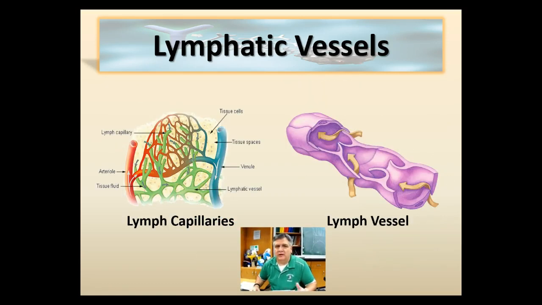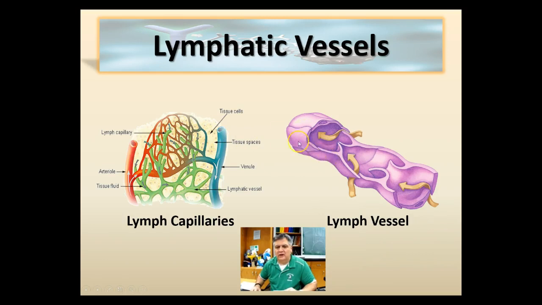Before we go on to take a look at those two large collecting ducts, this picture just kind of reviews what we're talking about. Here we can see in green the lymph capillaries and how they're intertwined with the blood cardiovascular capillary beds, but we can see how they have blunt ends.